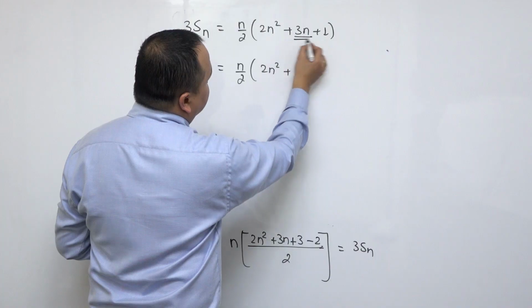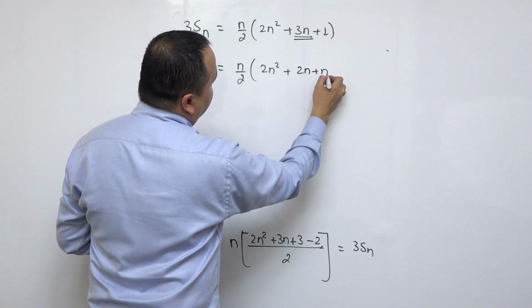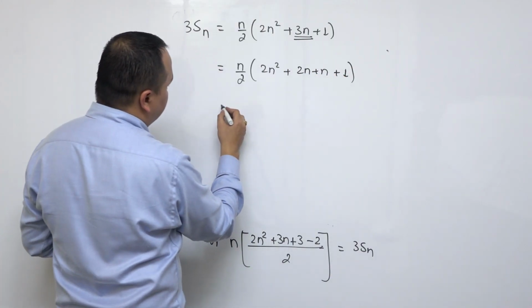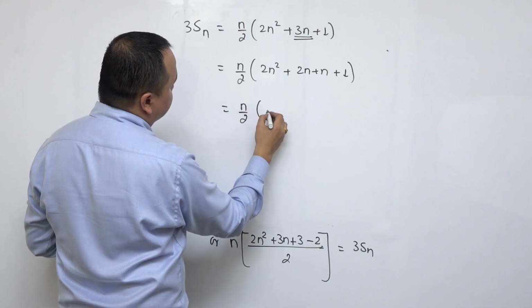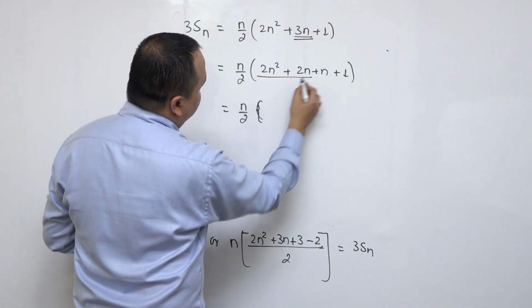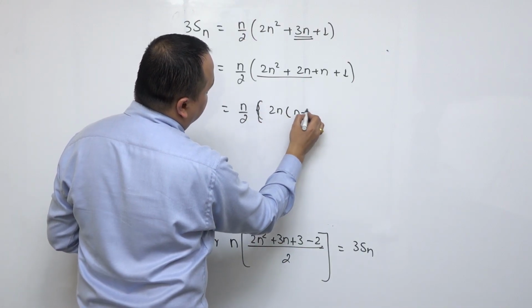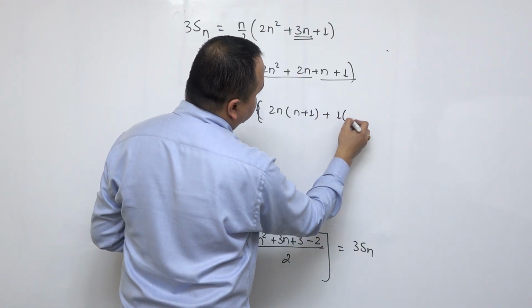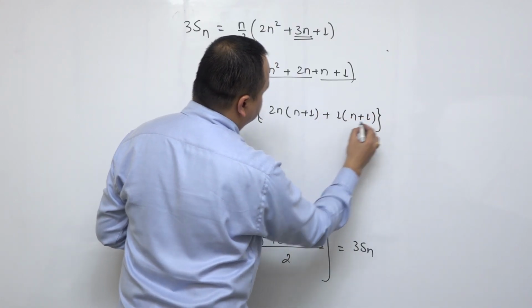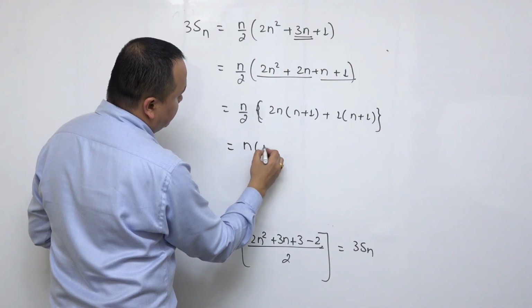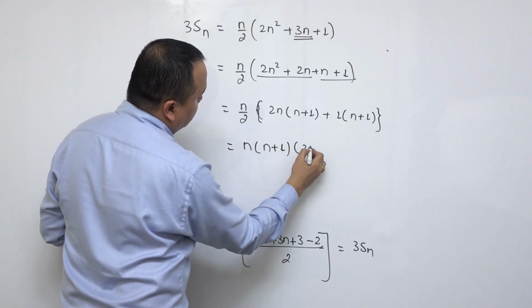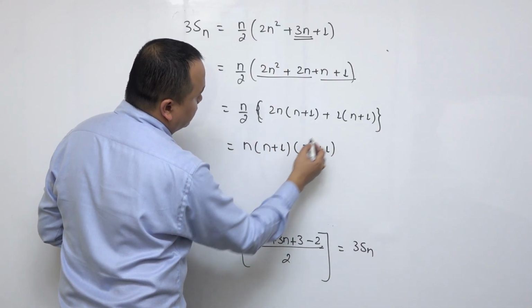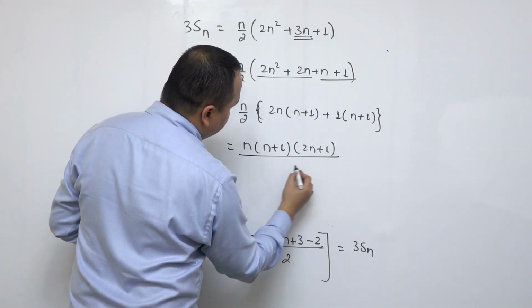So 3n is 2n plus n, plus 1, n by 2. 2n is common, n plus 1 from this side, 1 is common, n plus 1 is common, 2n plus 1, divided by 2.